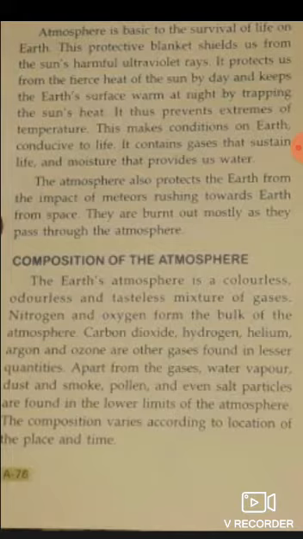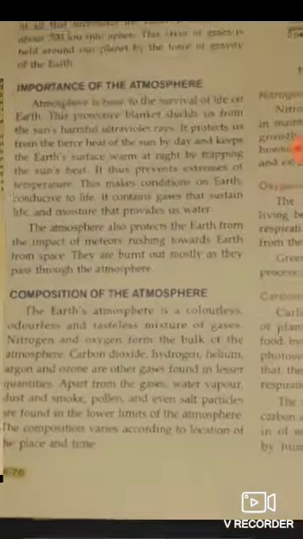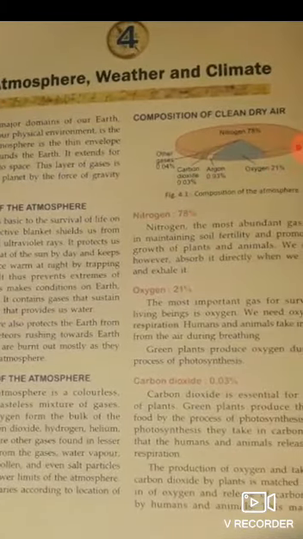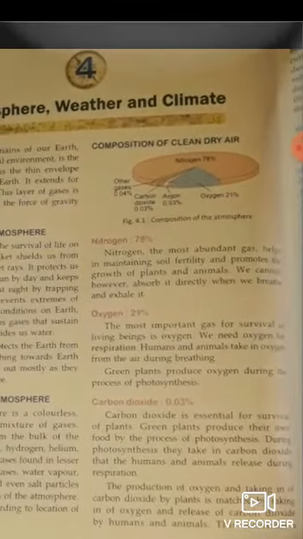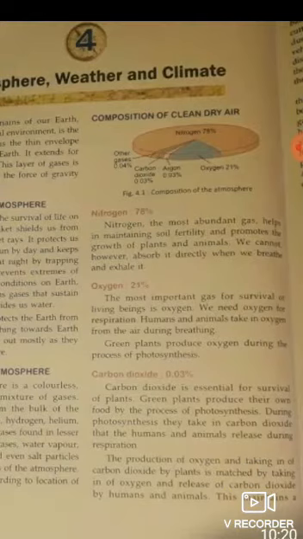Apart from the gases, water vapor, dust, smoke, pollen, and even salt particles are found in the lower limits of atmosphere. The composition varies according to the location of the place and time. Means location and time both affect the composition.